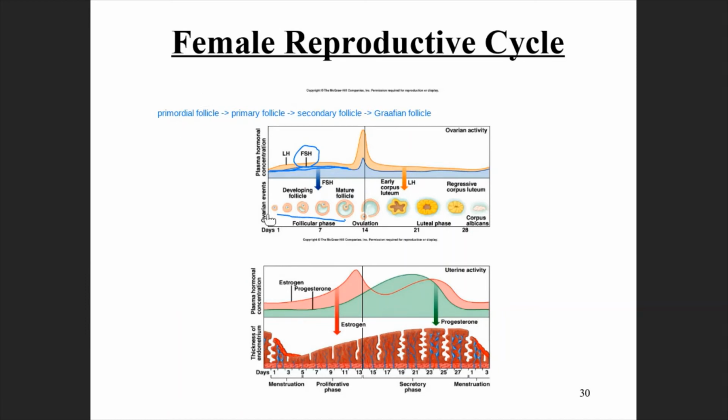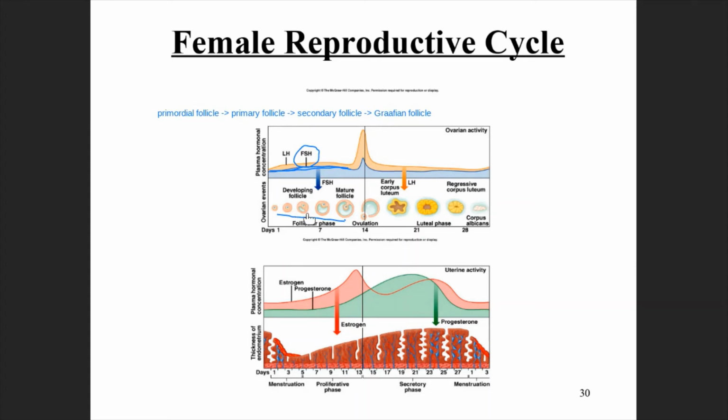Primordial follicles usually sit at the periphery, at the cortex, if you will, of the ovary. Under FSH, the follicular cells start to produce fluid, okay? And when you see this little liquid here, this is known as the antrum.